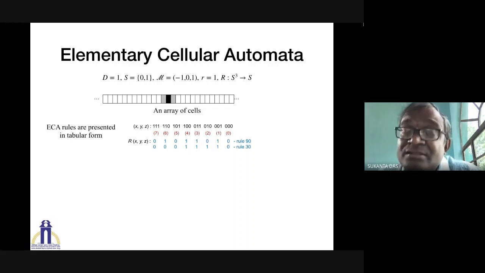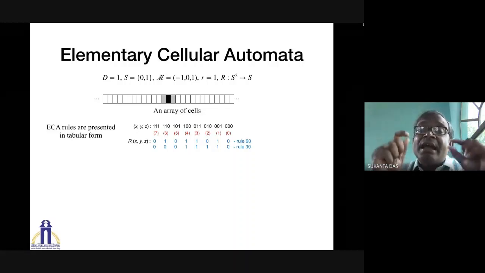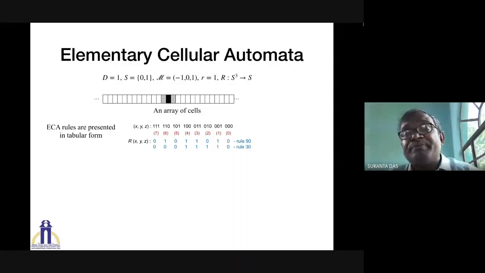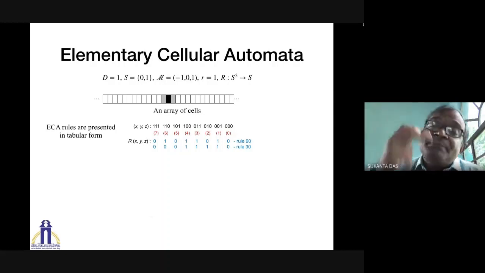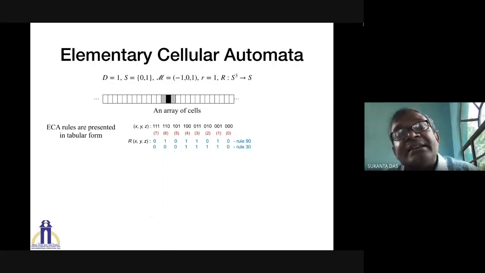Then what do we get? We get an 8-bit binary sequence. And from the 8-bit binary sequence, I can get a decimal number. Wolfram proposed to name the rule by that number.